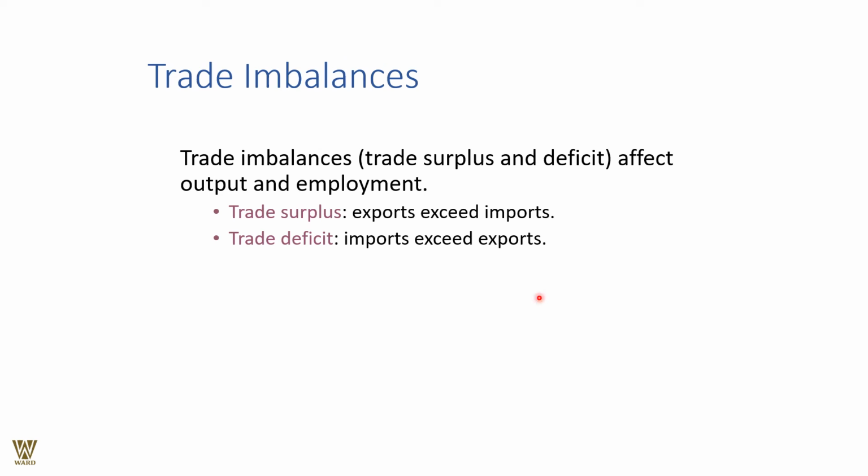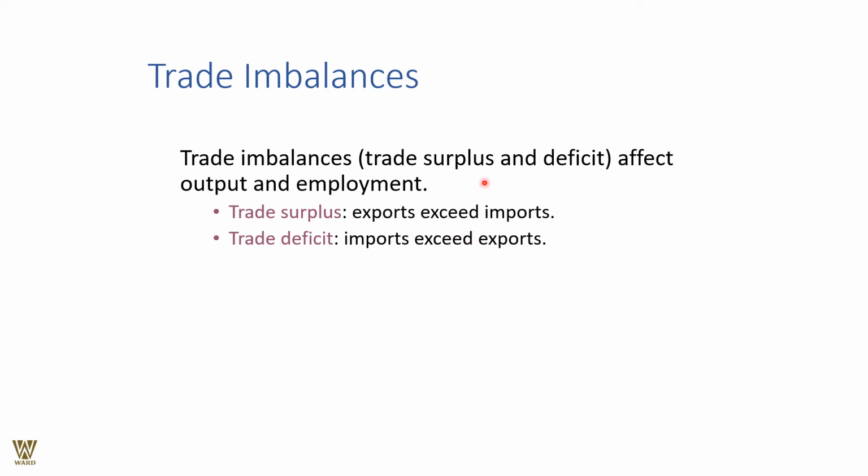Trade imbalances. Trade imbalances are nothing but surplus or deficit. Again, to understand surplus and deficit, please go to the example that I've given with respect to your income and your expenditure. If income becomes more, what happens? If expenditure becomes more, what happens? That is what trade surplus and deficit is all about. Remember, trade surplus is when exports exceed imports.